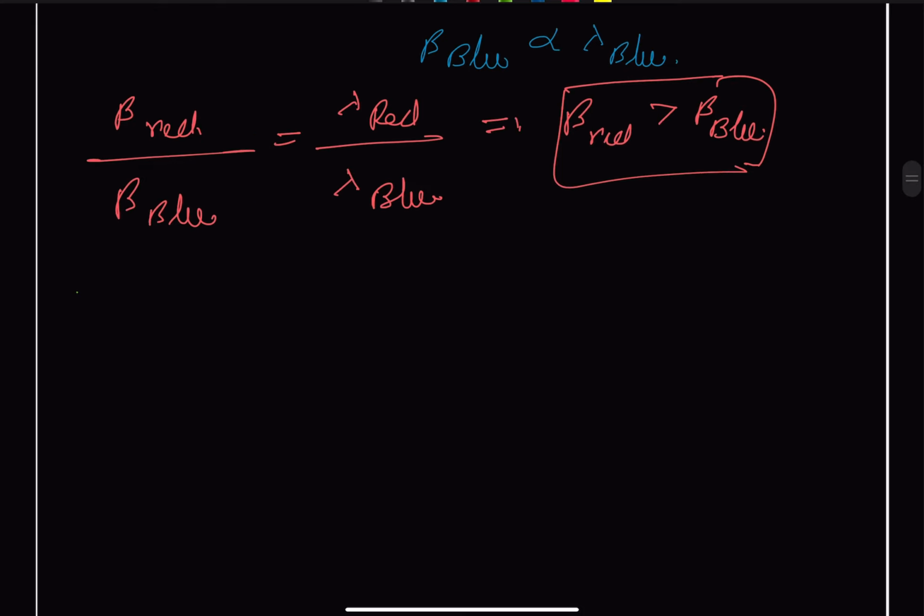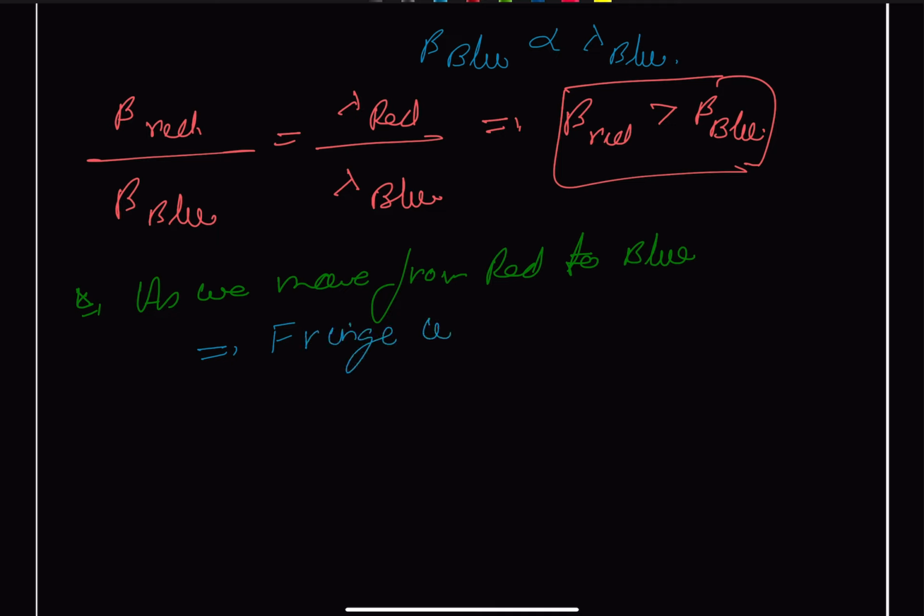You can say that as we move from red to blue, we have that our fringe width decreases.